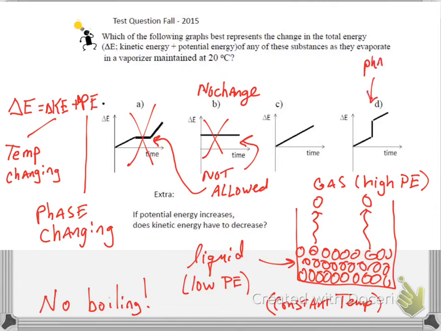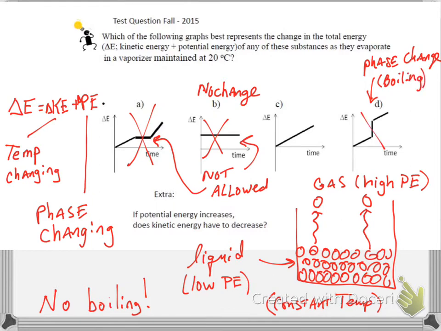Then we look at two different scenarios, one in which there's a constant change in C and one in which there's a big step in D. In D, that's indicative of a phase change. That's where we would consider boiling or melting, where you have two different phases. You have a big change in potential energy as you go through the phase change, and that's not what's happening here.